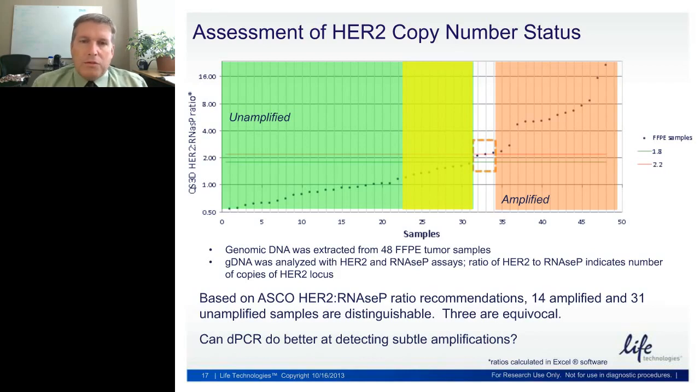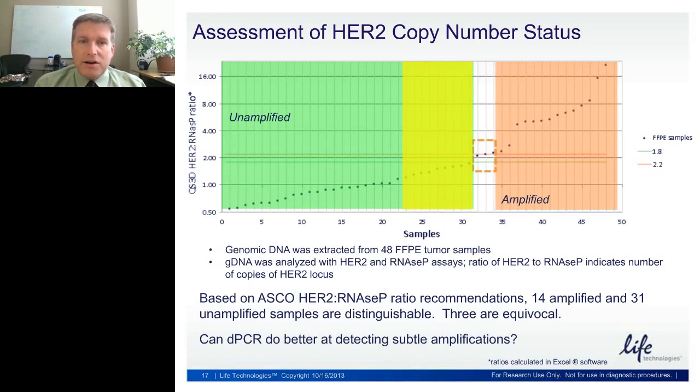So what ASCO is calling amplified means there are 2 copies extra of the genome instead of even just 1. A 1.5-fold ratio would mean that there are 3 copies of HER2 and only 2 of the RNase-P. So one of the things that the ASCO recommendations miss is a potential simple duplication where there are 3 copies of HER2.